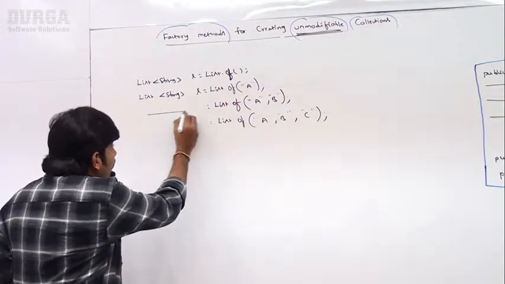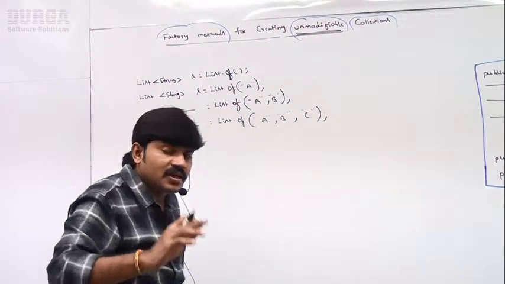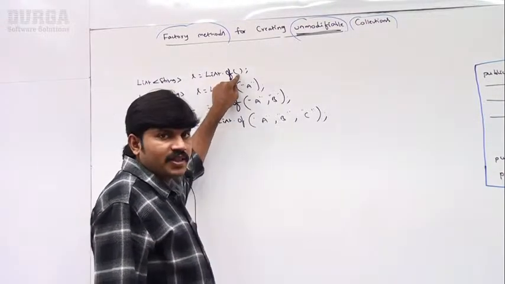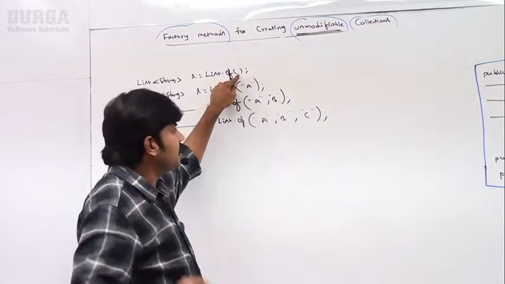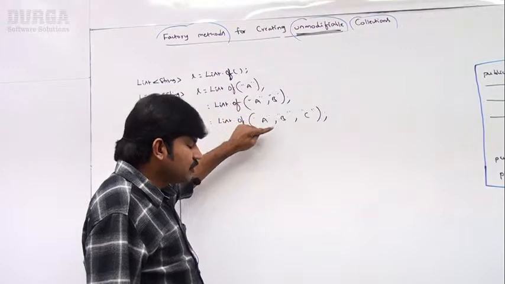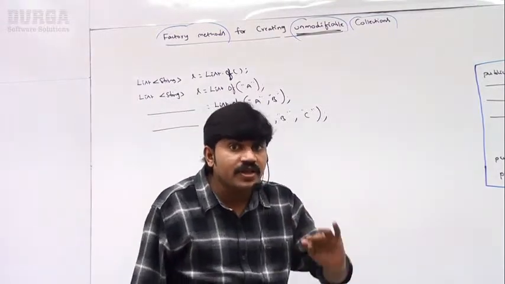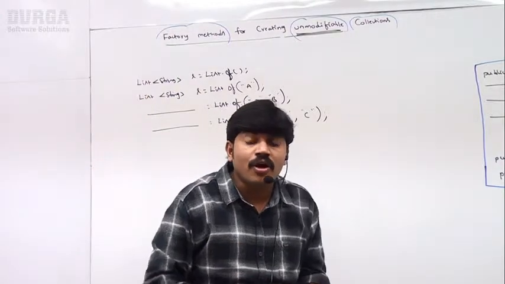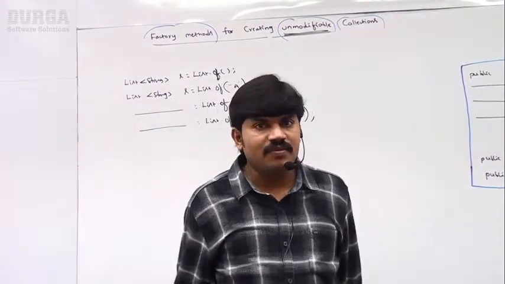Sir, how many of methods are available in the List interface? There is one of method without any arguments, to create an empty list object, then one element, two elements, three elements, four, five, six, seven, eight, nine, ten elements. Are you getting that? So how many of methods are available?